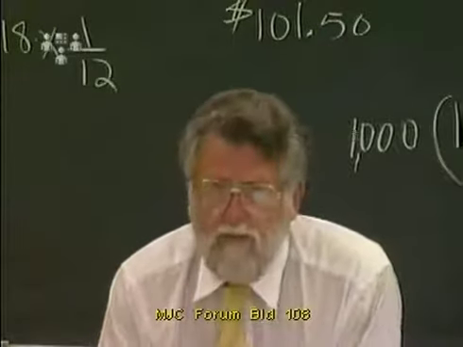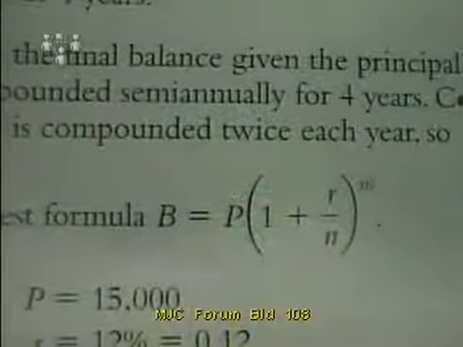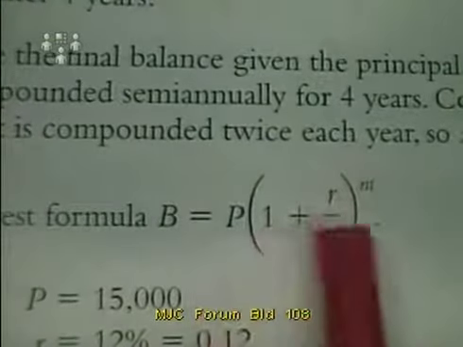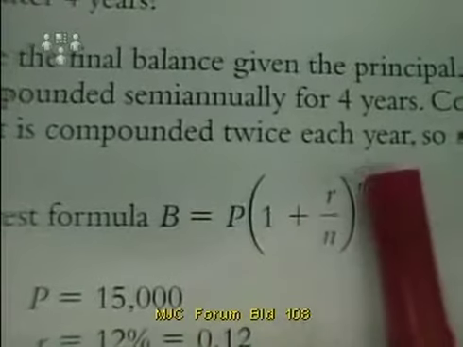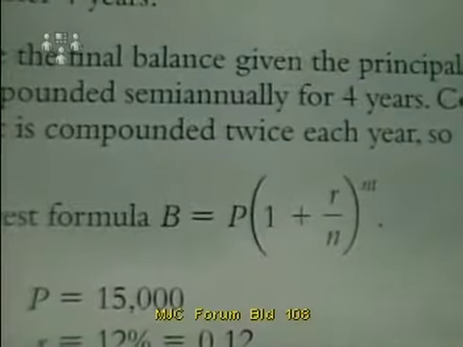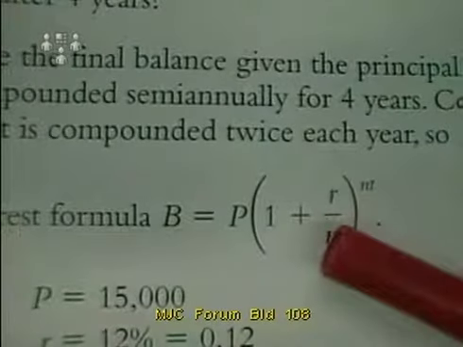So again, the argument with this formula, as we go back to the document cam, is that as n gets very, very large, this becomes 1 plus something very small to something very large, and that just becomes e. Now, if I have 1 over n, it would just become e.